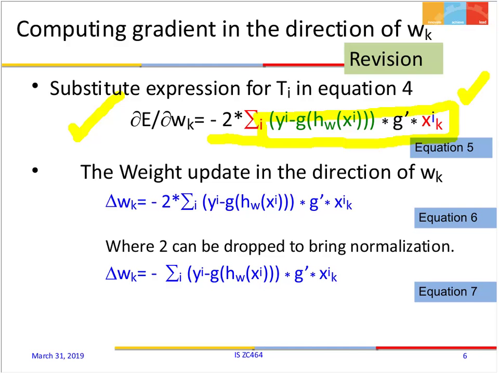Right? So then the weight update in the direction of Wk is given by delta Wk, which is equal to minus 2 summation the same term multiplied by g dash multiplied by xk. And when you are dropping out 2, then you get this expression. Fine. So basically what you have obtained is the change in the value of Wk, right? This change is identified as delta Wk.